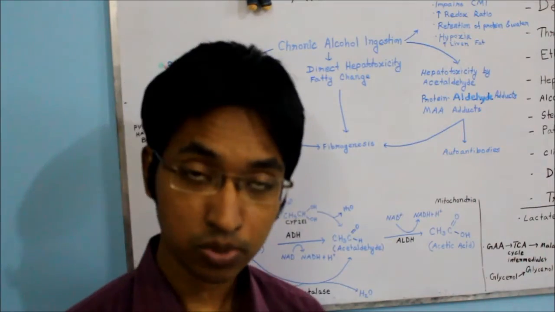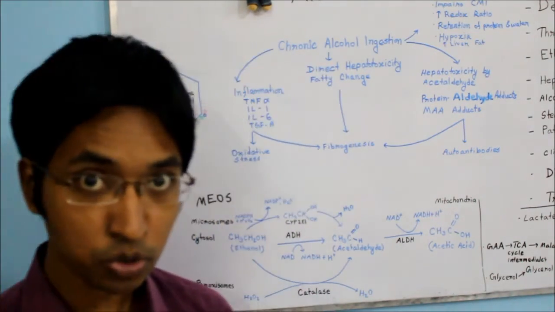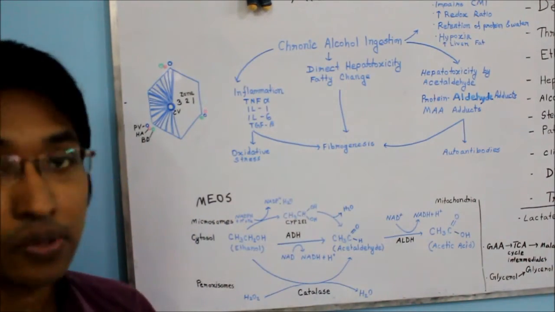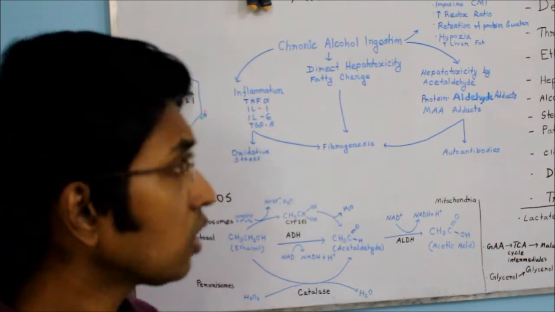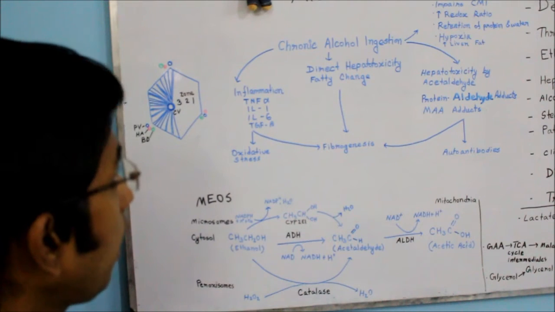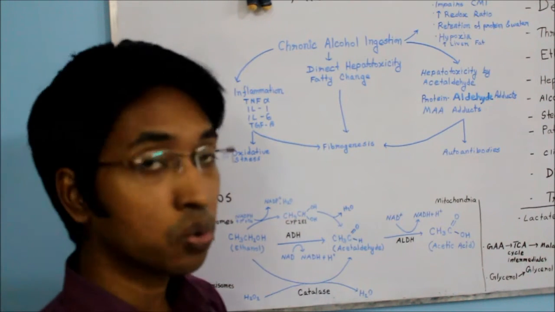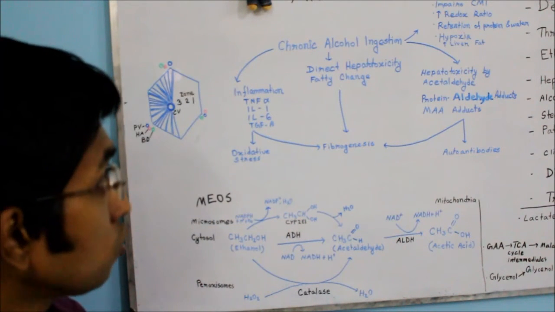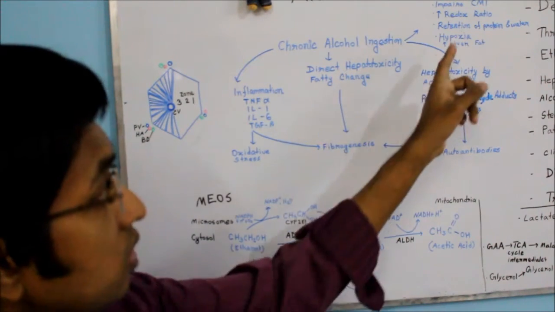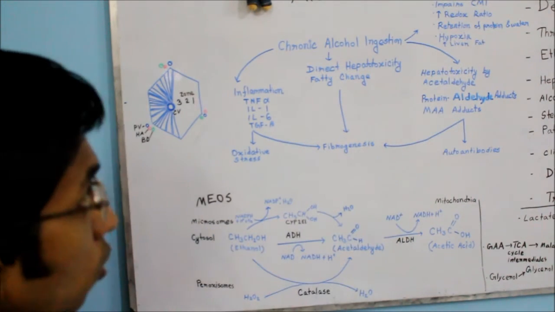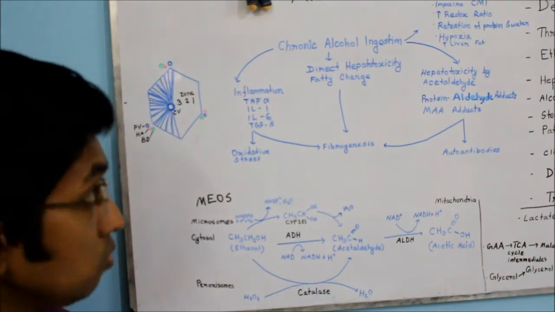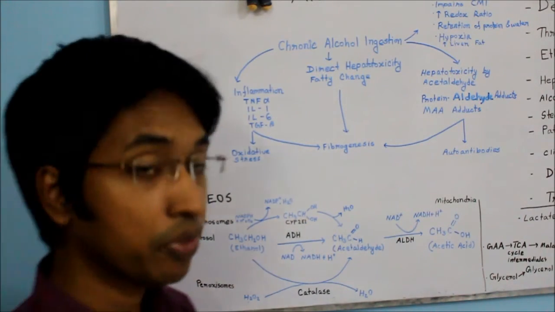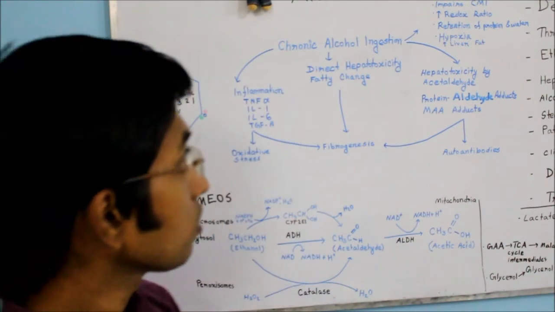So these were the 5 major mechanisms involved in the pathogenesis, but recall we said that there were 10 mechanisms described in your textbook. So where are the other 5? You can see I have written them here. Let's talk briefly about the other mechanisms. Alcoholic liver disease can also happen because of impaired cell-mediated immunity. Alcohol can directly impair cell-mediated immunity, and that can also result in liver injury.